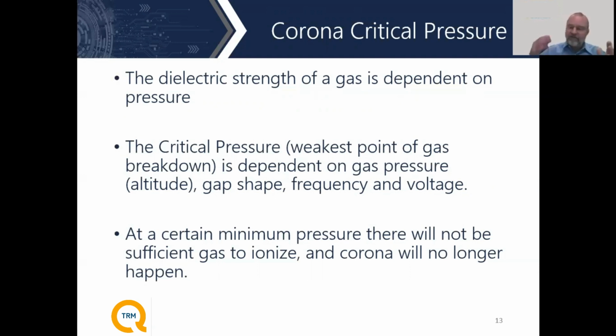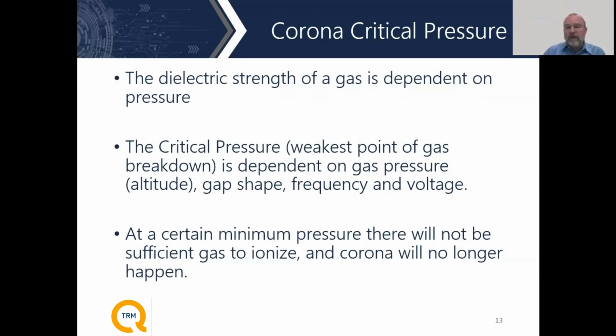Usually if you go up to 50, 60, 70, 80, 90,000 feet, there is a pressure where the gas gets extremely weak, and in that area you can have a corona breakdown at a lower voltage than what you would have at sea level. And again, like multipacting, it depends on the gap shape, the frequency, and the actual voltage, relative to gas pressure.